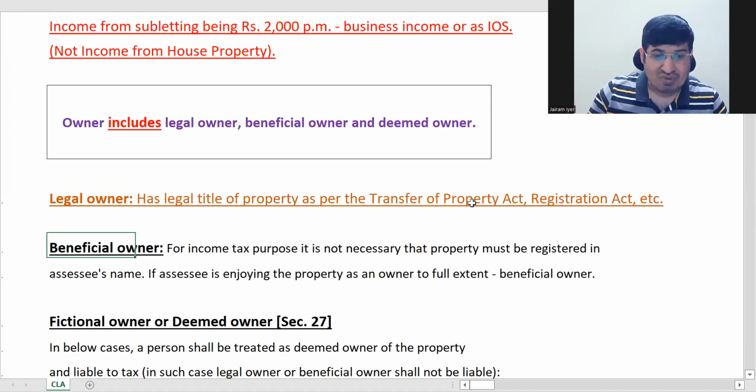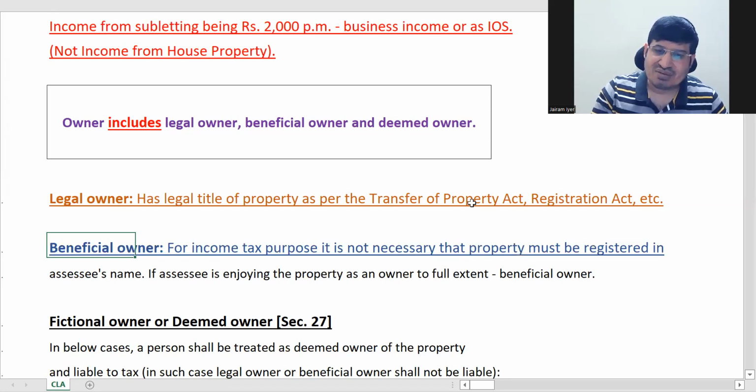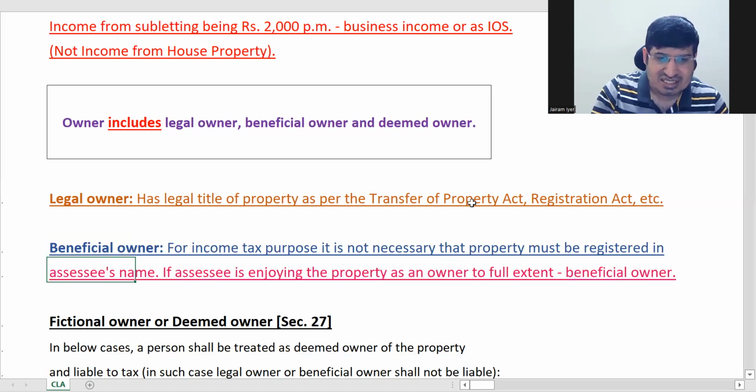Now next is beneficial owner. Sometimes it is not necessary that the property must be registered in the assessee's name. If he is enjoying the property as owner to the full extent, then he is a beneficial owner.